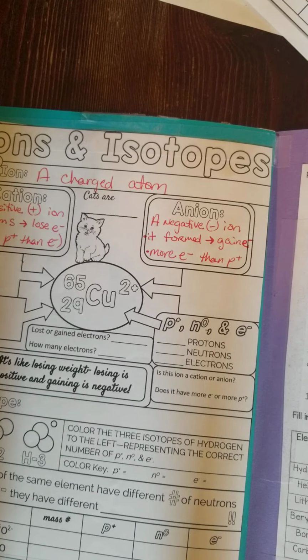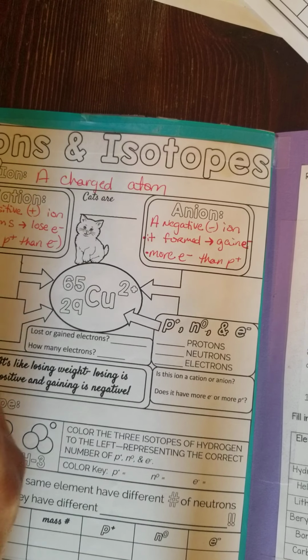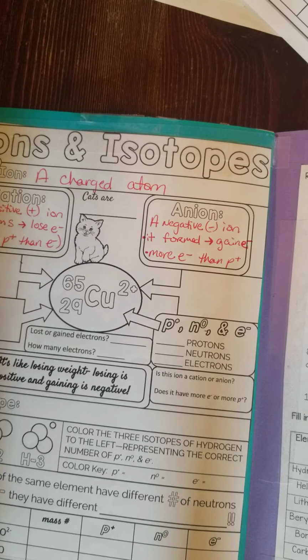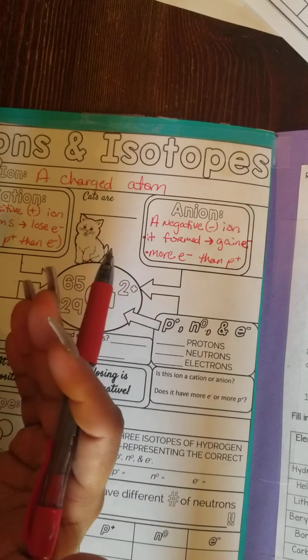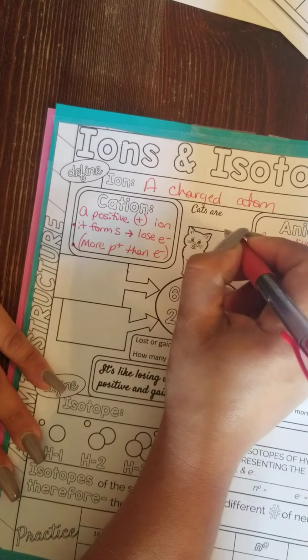There was extra space in the valence shell. And with that extra space, it said, hey, we have some extra room. And there was some extra negative electrons hanging around. And so they jumped on over. Okay? One way in chemistry, how we remember it, is we say that cats are positive.